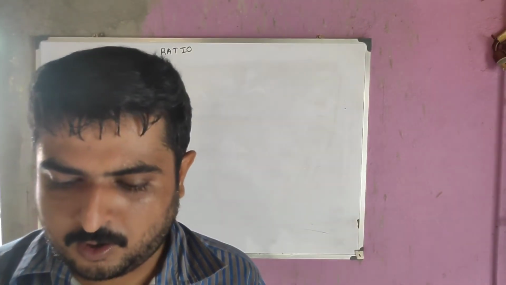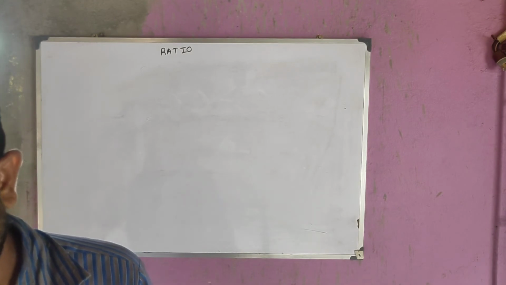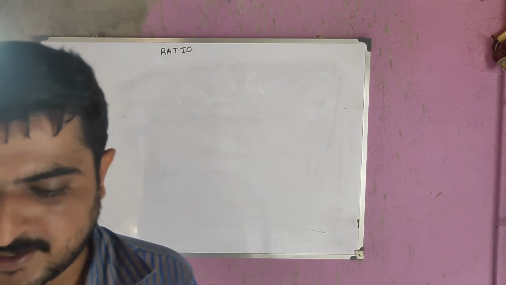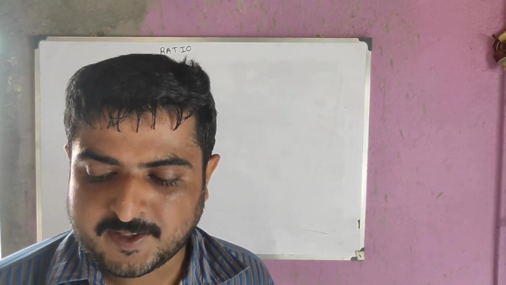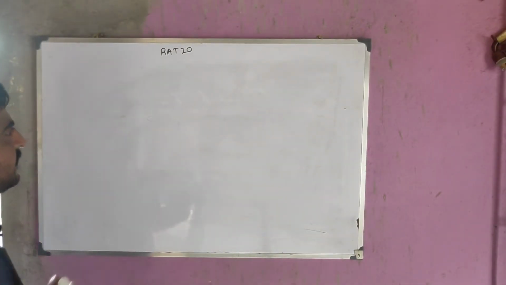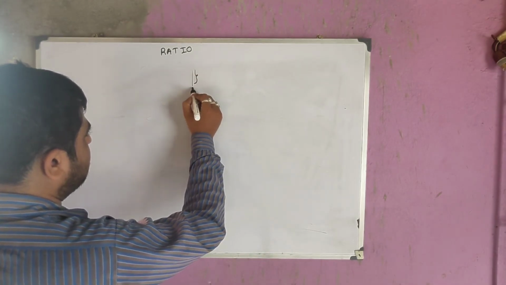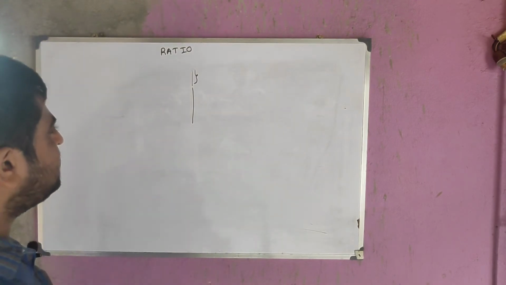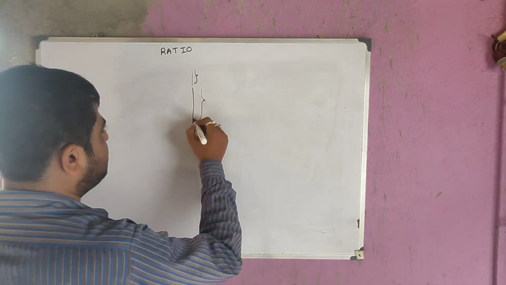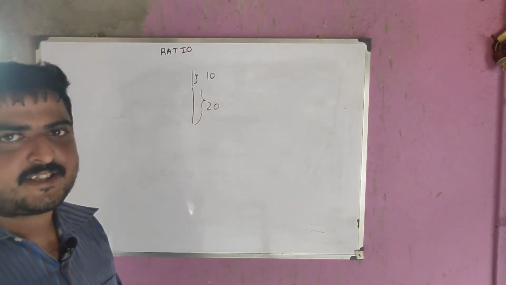This is the first part and this is the second part. So if the second part is 20, then the first part is 10, like that they are telling.